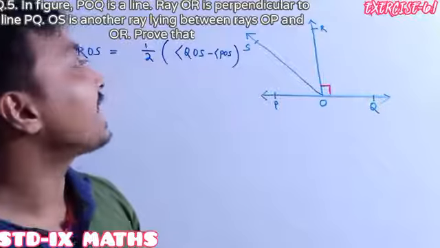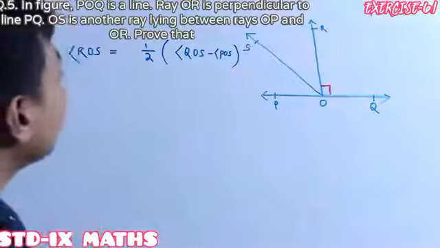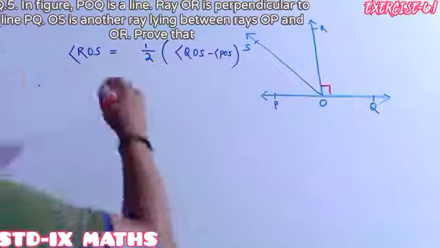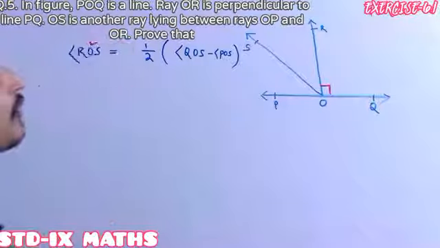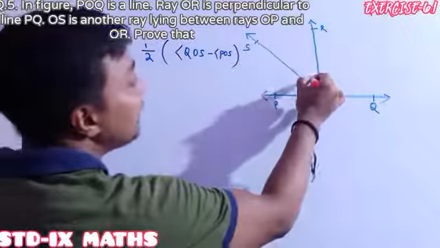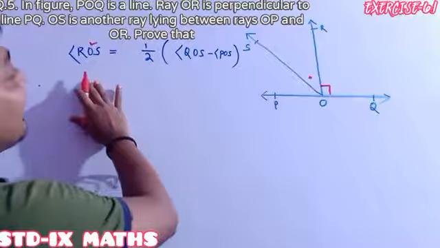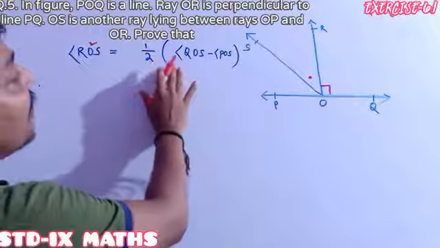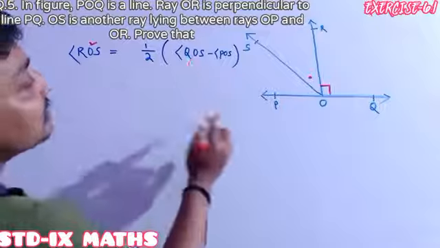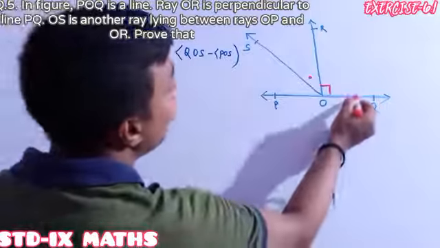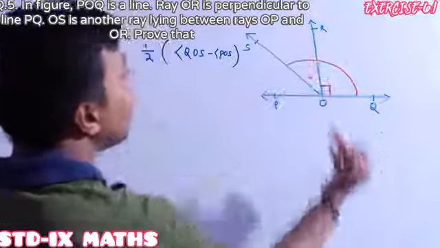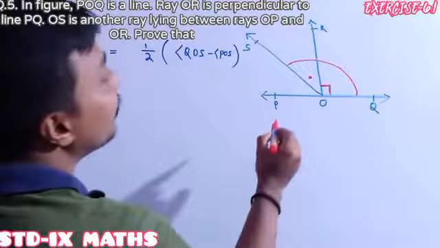Then you just have to prove, see carefully, that angle ROS, this angle, is equal to half of the difference of angle QOS minus angle POS. Where is the QOS? Where is the POS?